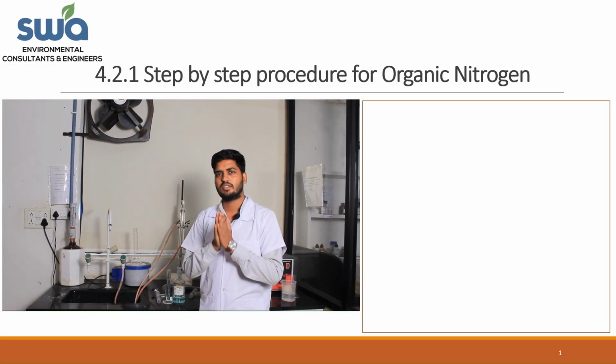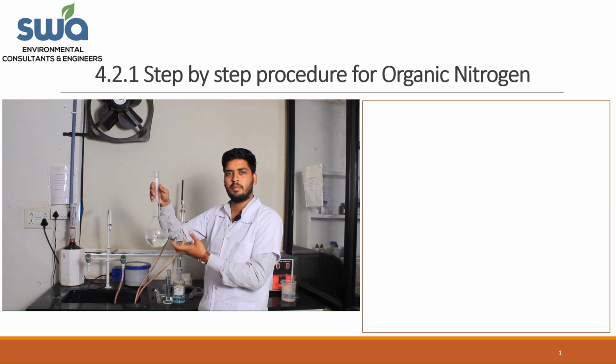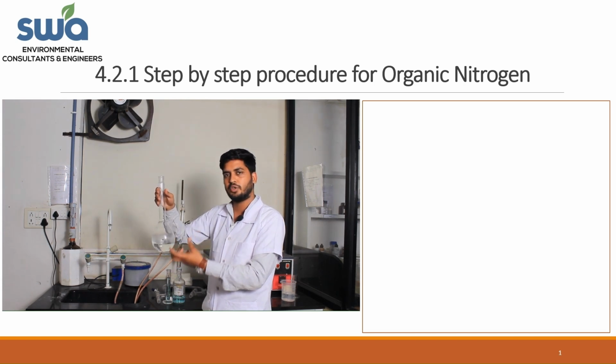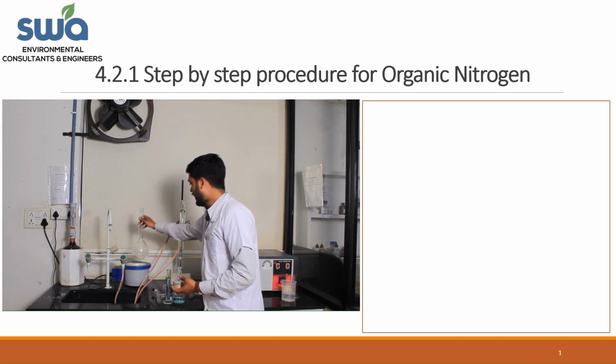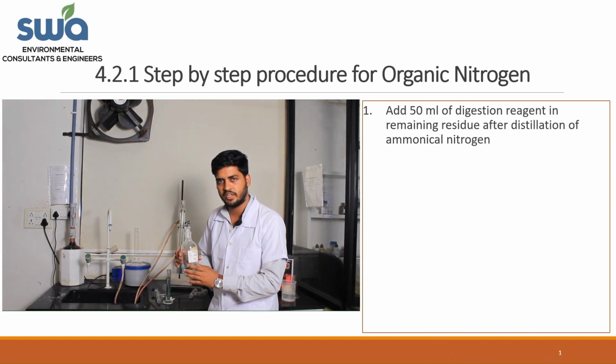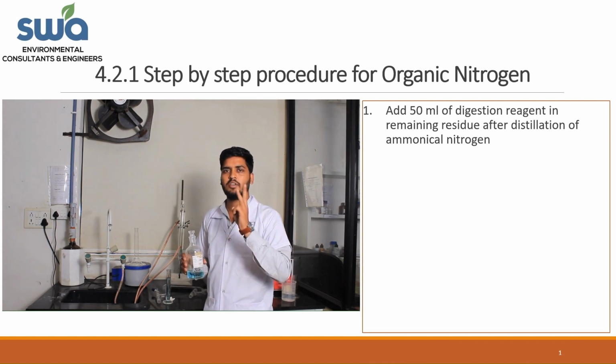So now let's start the measurement of organic nitrogen present in the sample. This is the remaining residue of the ammoniacal nitrogen distillation process. This residue contains organic nitrogen. Add this digestion reagent, which is made up of potassium sulfate, copper sulfate and sulfuric acid.